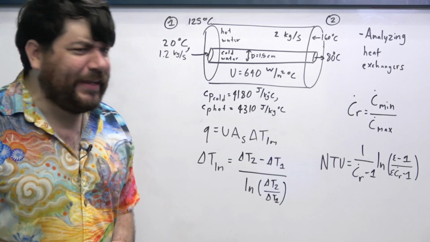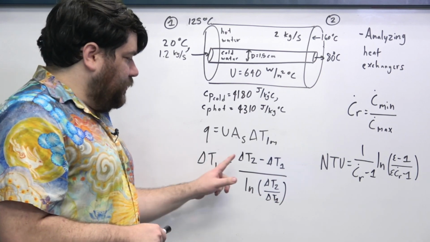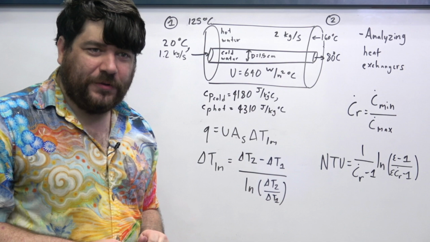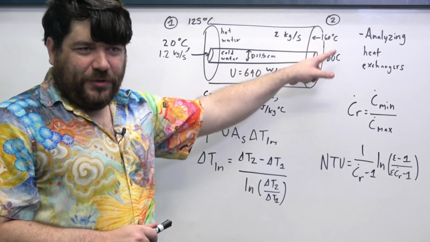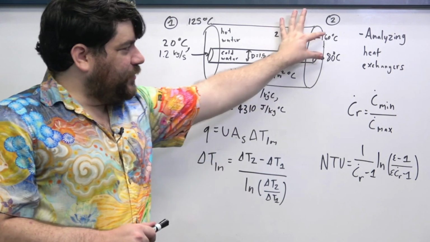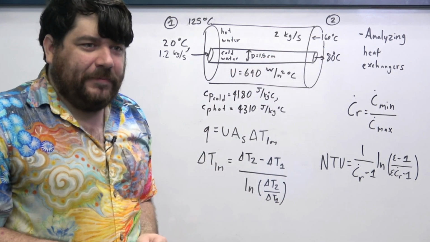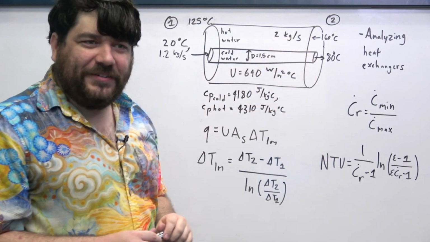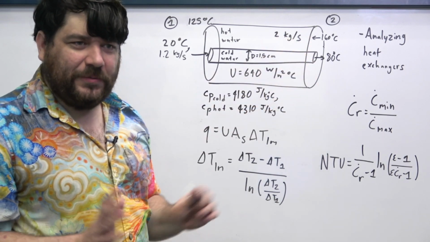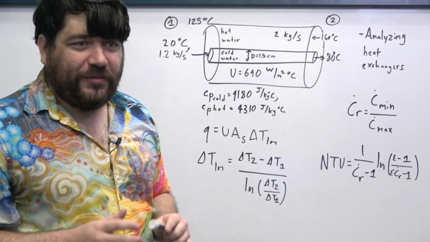So, like this. Now, this delta T2 is just the difference in temperature between the hot liquid at 2 and the cold liquid at 2. So this number is 80 or negative 80. It actually doesn't matter which way you define the difference, right? It'll all work itself out in the end.